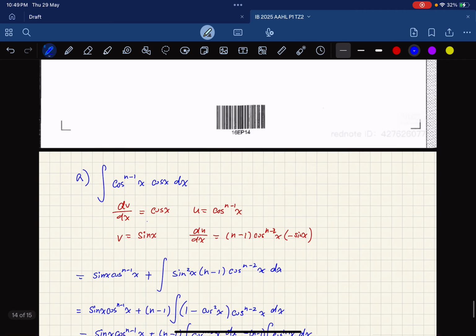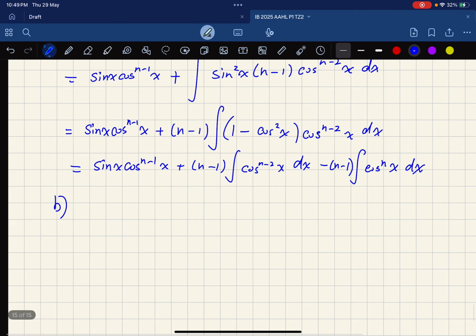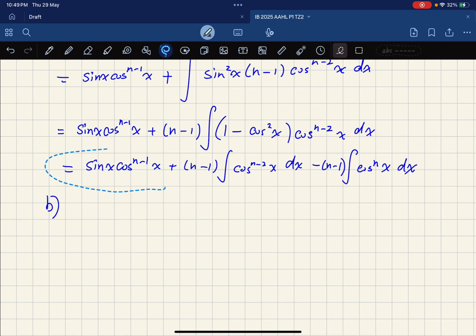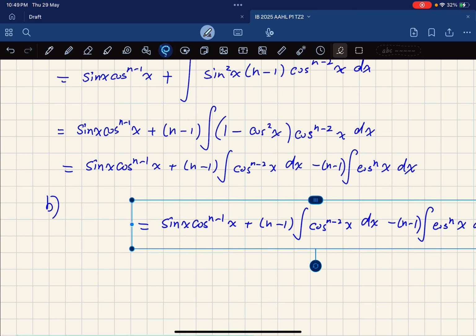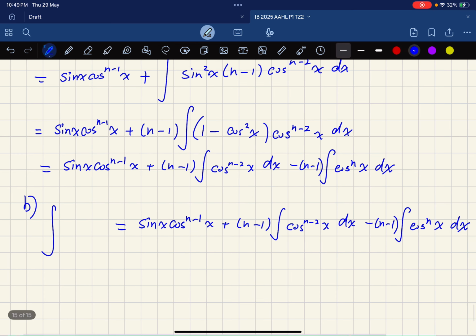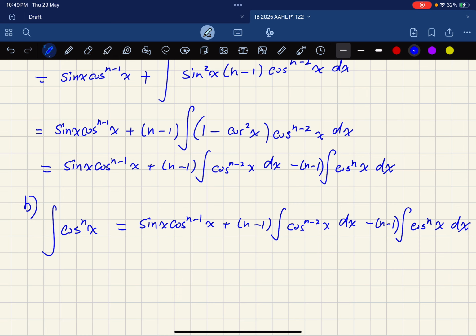So then what we need to do is write the whole equation here. I'll just copy and paste here, to be honest. Kind of lazy. So this is the equation, and don't forget that this is the same as cosine n x, right?